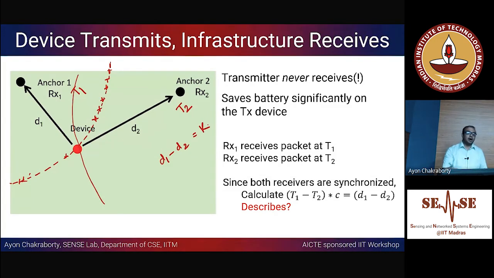The question is, what is the possible locus, or what is the possible set of points that the device location can assume? You guys start thinking about the possible set of locations for the device.